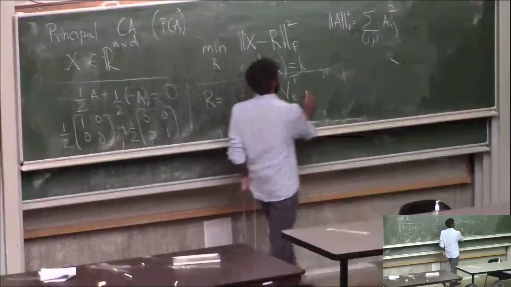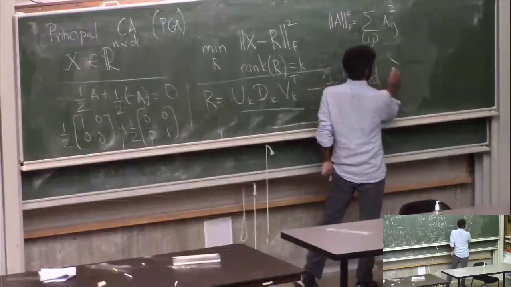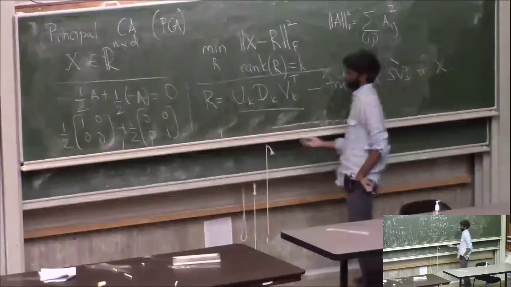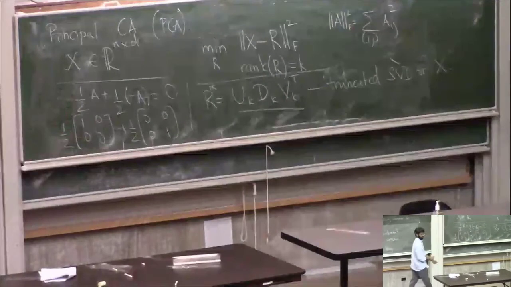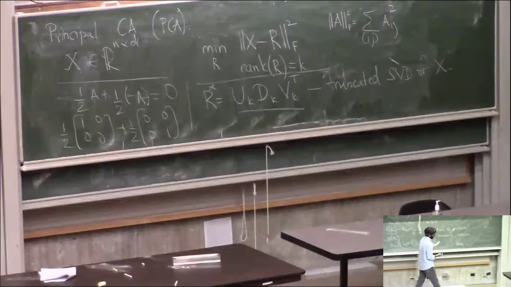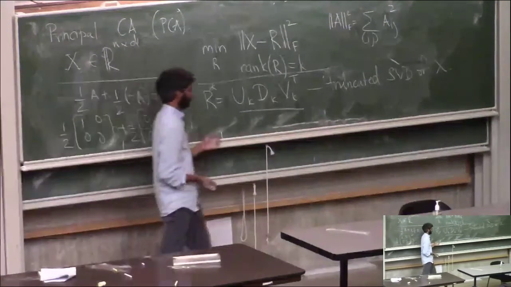This is the truncated SVD of X. So the optimal R star, we know what it is. Even though this is a non-convex problem, you can actually say what the optimal solution is, and you can compute it efficiently.